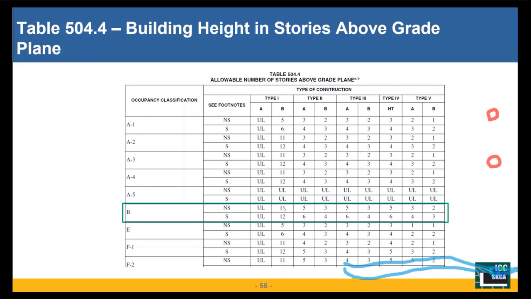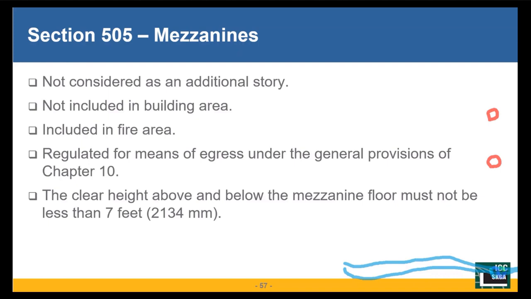Now, if it's a sprinklered B occupancy classification, then you get to go up to 12 stories in type 1B. So you can see how that works. You're increasing the number of stories. And again, you're not allowed to double dip. The requirement in the footnotes tells you that for occupancies regulated by a state fire marshal, you're not allowed to double dip.